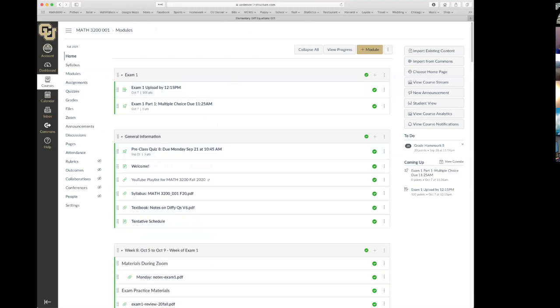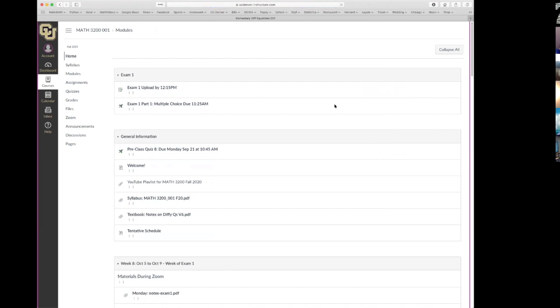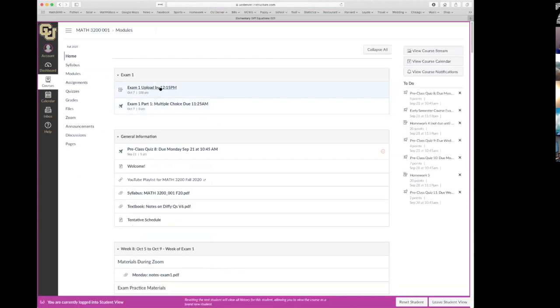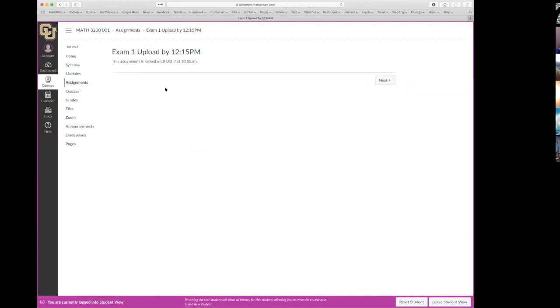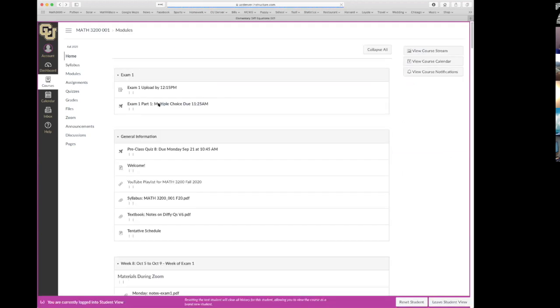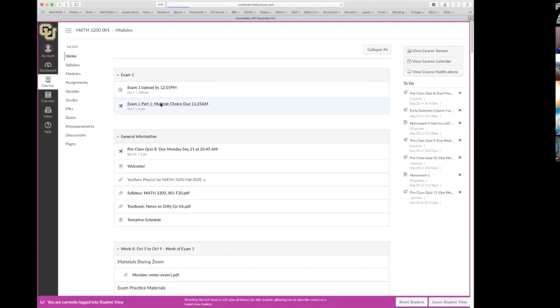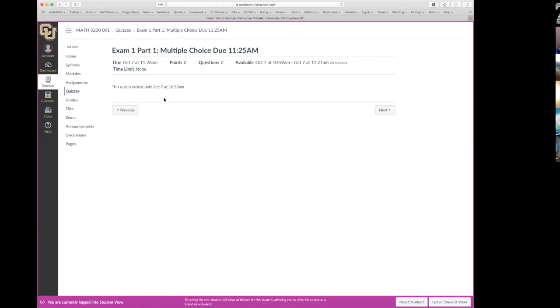Up here, this is my view, but if I go into student view, you can see these links right now. You can try and click on them all you want. You won't see anything there until the day of the exam. If you do see something there, please let me know. When you click on this, it's going to say this is locked until 5 minutes before the exam starts. Same for this one. This one will open much closer to when the exam starts.